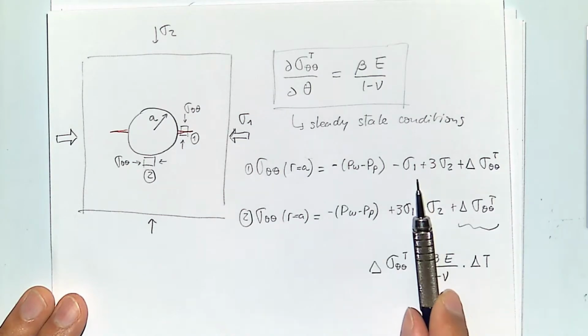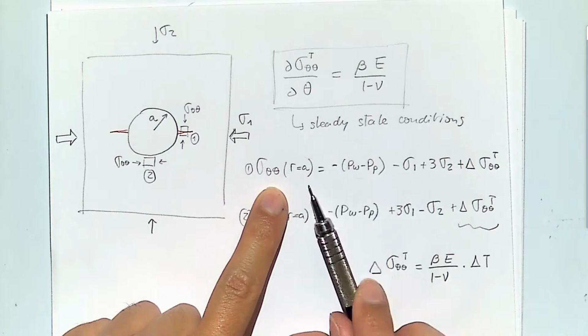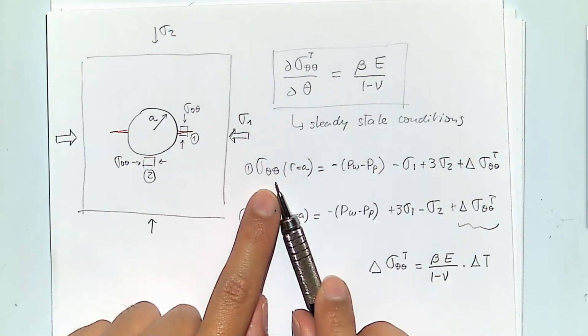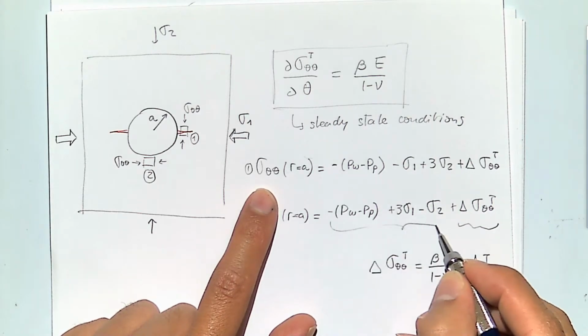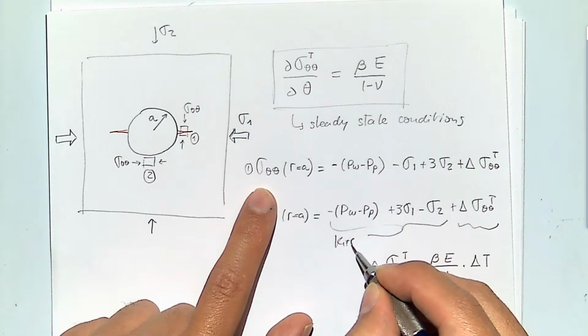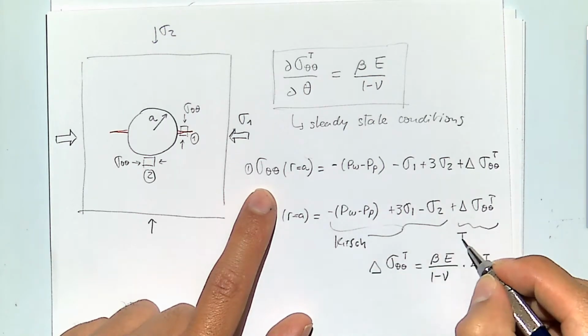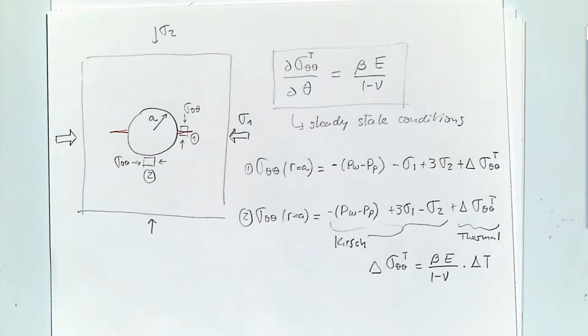Notice that since sigma 1 is larger than sigma 2, the equation is telling you that at this point is where you have the lowest hoop stress. This part is just Kirsch and it's just mechanical. This part is the thermal component. And when you have negative changes of temperature, then you're going to have negative changes of hoop stress, which means more tension.